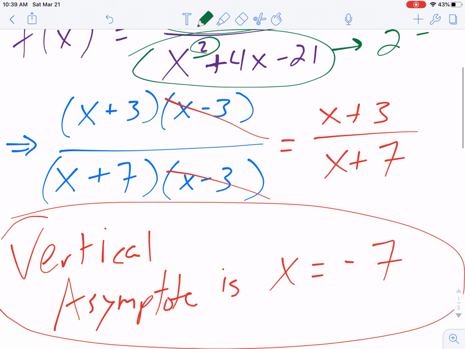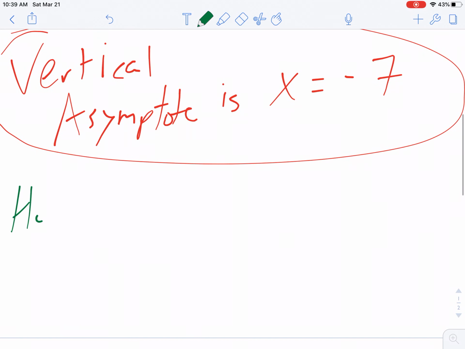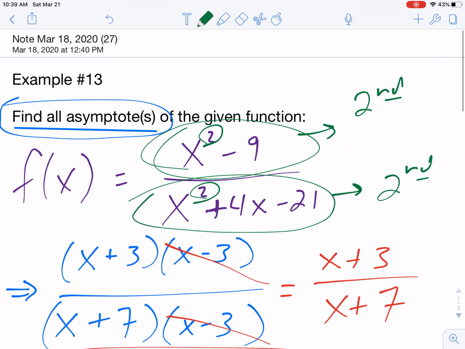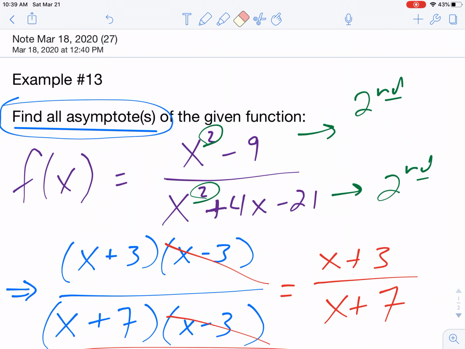So for the horizontal asymptotes, I guess there's just one in this case. The horizontal asymptote falls into that first rule, and that's when the degree of the numerator is the same as the degree of the denominator. So what you do is you go back and you take the leading coefficients of the numerator and denominator.